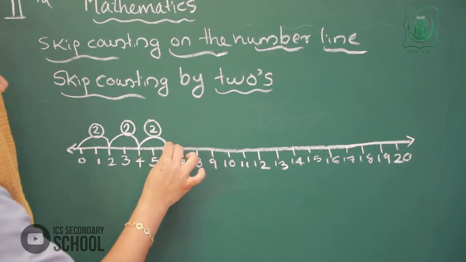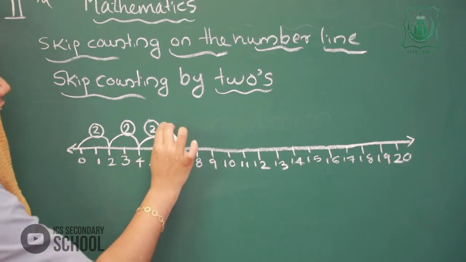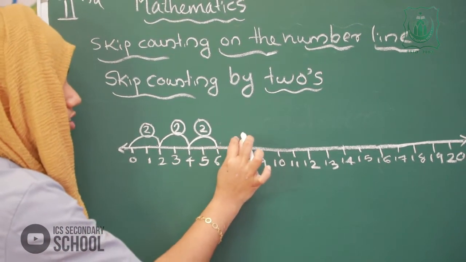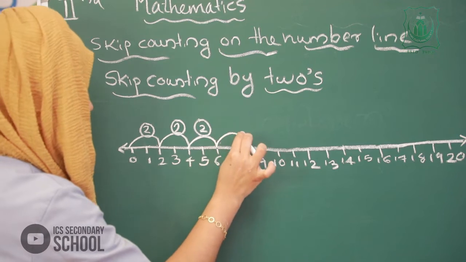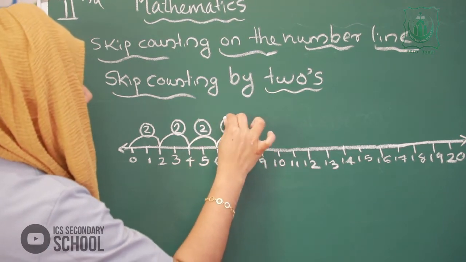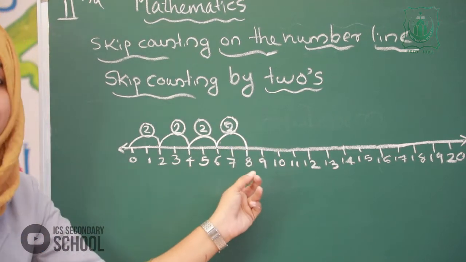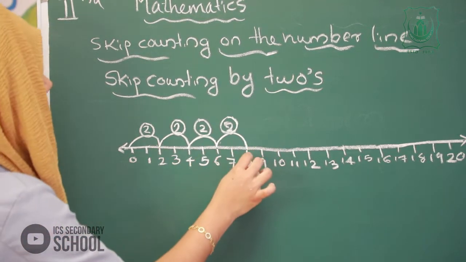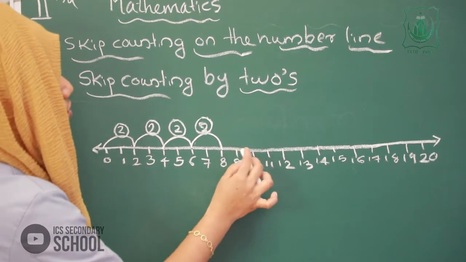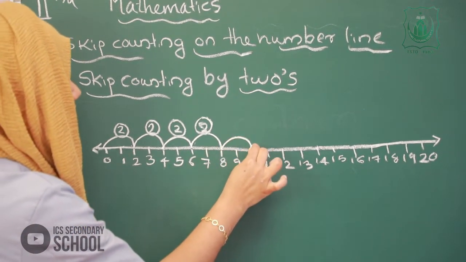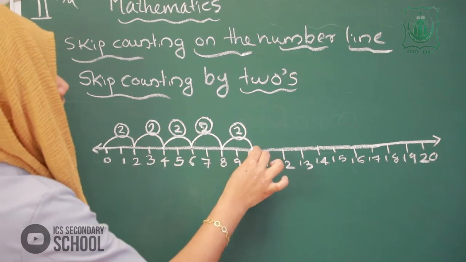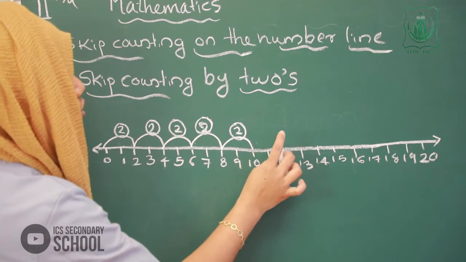Next, from 6 we start counting 1, 2, and we reached the number 8. Next, again we count 2. 1, 2. Okay, 10. Then again 2. 1, 2.